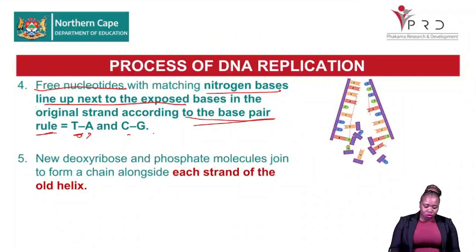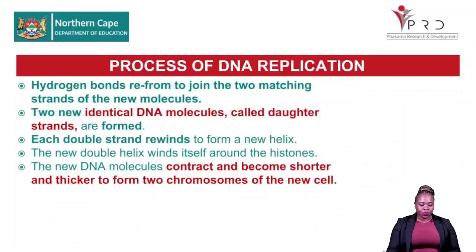So the new deoxyribose and phosphate molecules join to form a chain alongside each strand of the old helix. As they are attaching there, we're going to start seeing the new DNA molecule form. So the hydrogen bonds will reform.